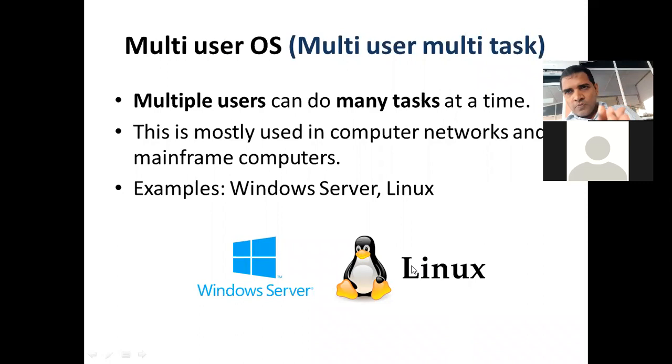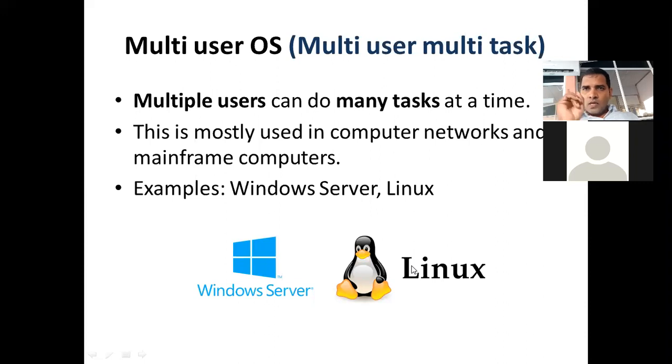So I have explained two operating systems now. First one is single user, single task, but in your book, it is mentioned as single user, doesn't matter, but you have to remember single task, right? One user, one task at a time. Example, MS-DOS, Windows 95, Windows 98. This is multi-user, multitask, but your book says that it is multi-user, but definitely multitask.